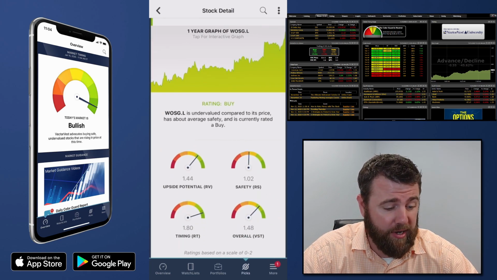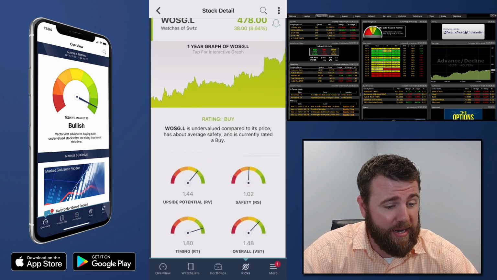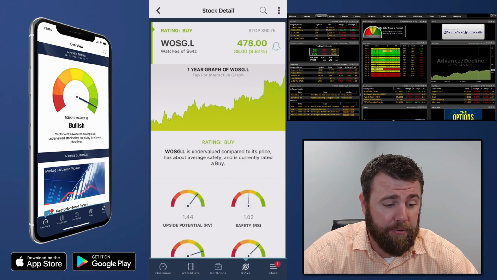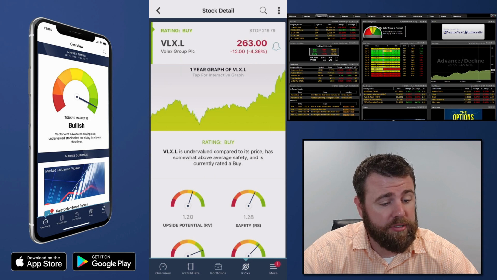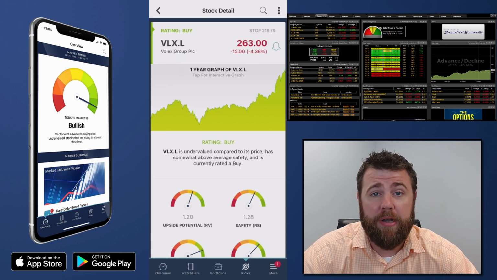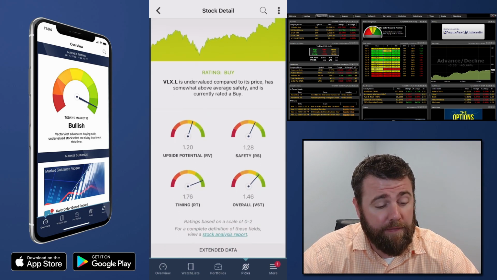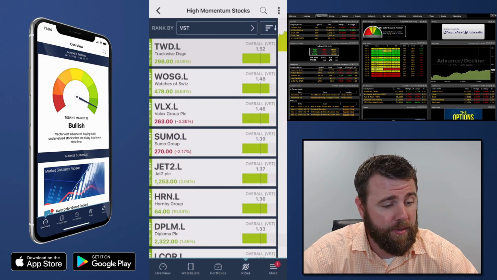WOSG, great RV, decent RS. We'll take it. Really strong timing though, and you're seeing a big push as of late. And then VLX, you see a nice, really consistent or strong uptrend and really starting to gain some momentum just recently. Have a good RV, good RS, good RT. Everything looks pretty good with this one.